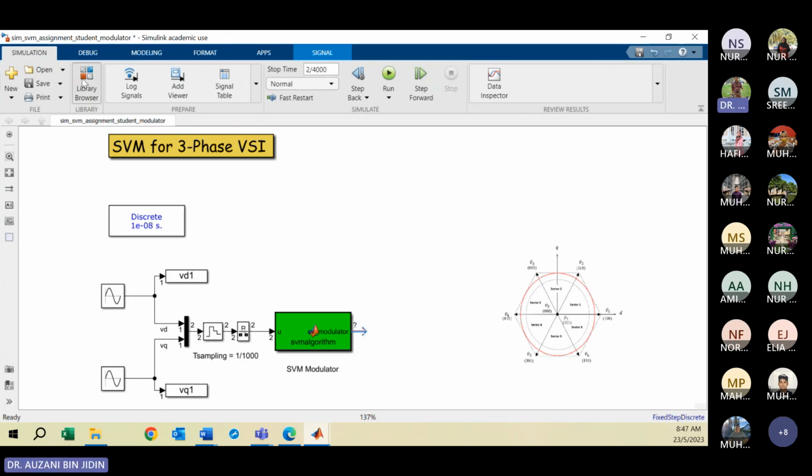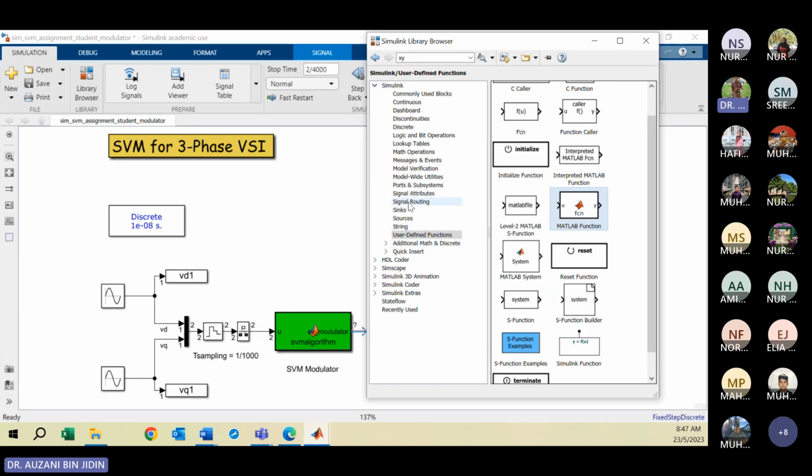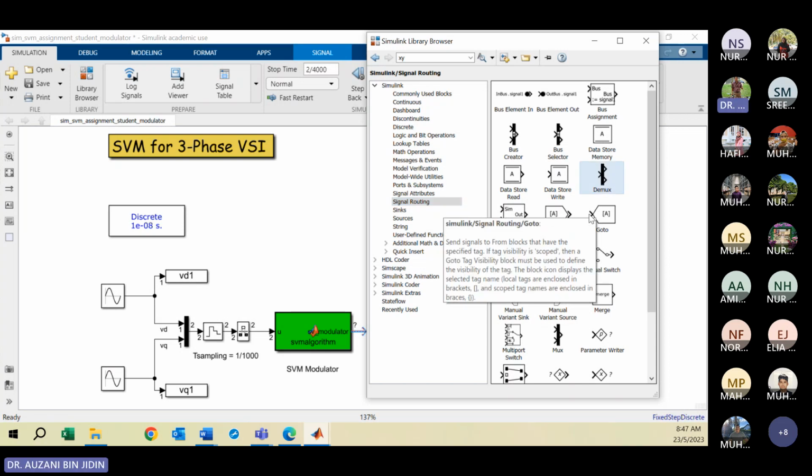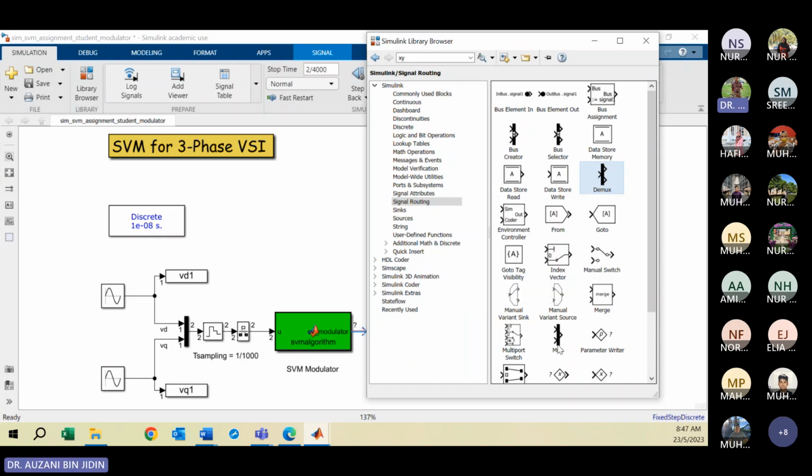So here you need to apply the demux block. Single input, then it can produce two outputs. Mux is multi-input, single output. Demux is single input, multi-output.